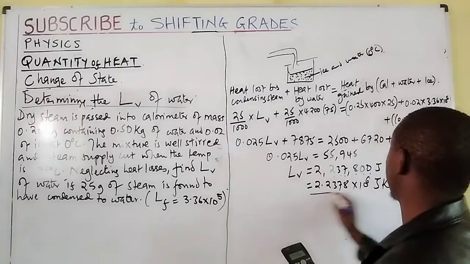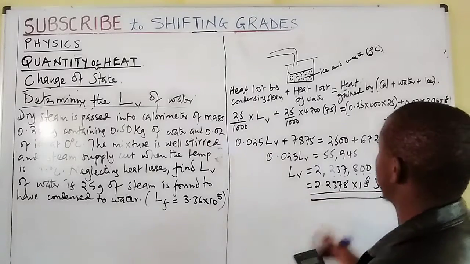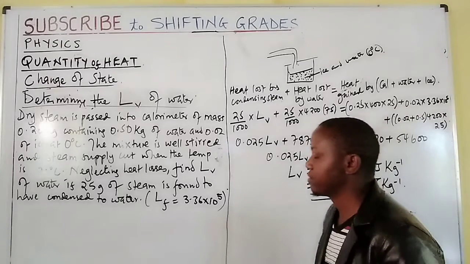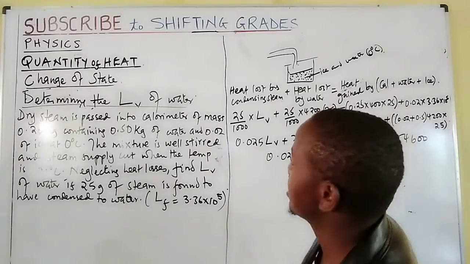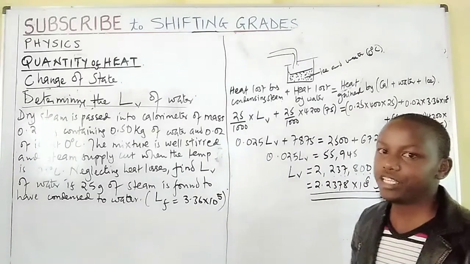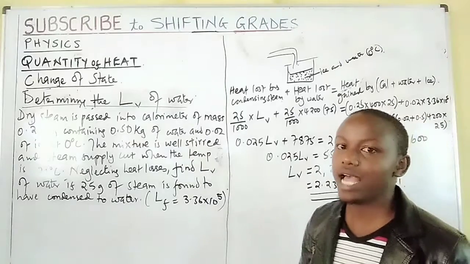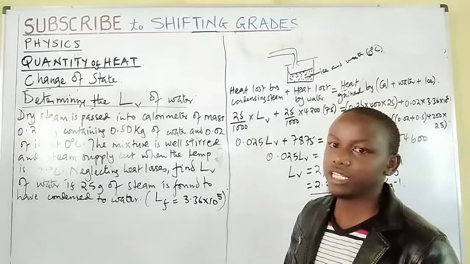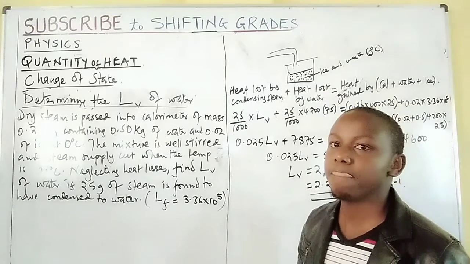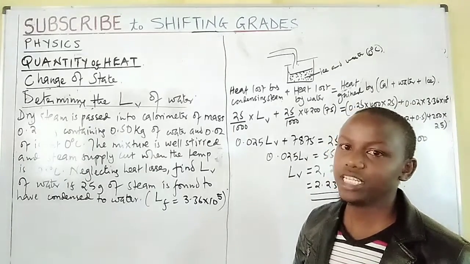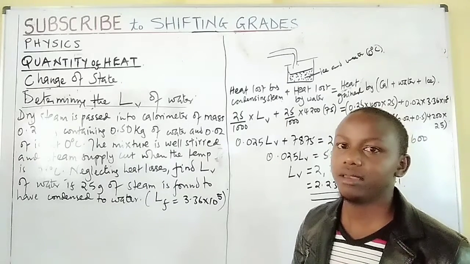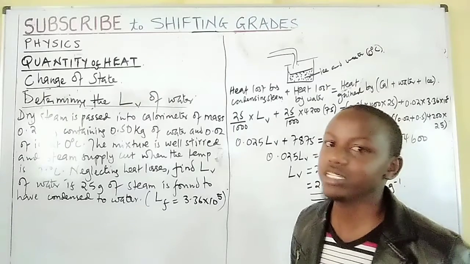In standard form, it can be expressed this way. So this is the latent heat of vaporization of water, which is required so that steam at 100 degrees Celsius can change to water, which is still at 100 degrees Celsius, a change of state without change in temperature, because the energy being lost is used to bring the particles of water together and not to decrease the temperature.